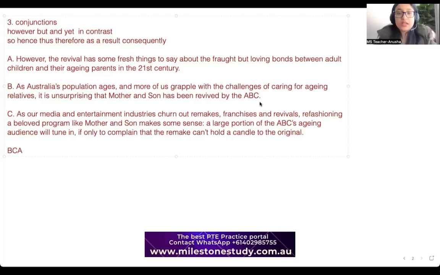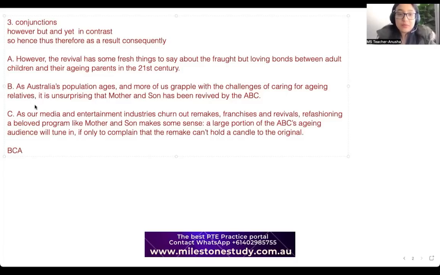So this way you understand that they are talking about, as Australia's population ages. That means as people get older and older, and more of us grapple with the challenge of caring for aging relatives, like we have to care for our father and mother.